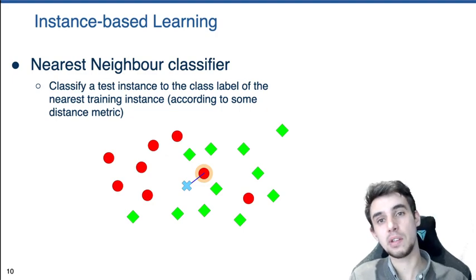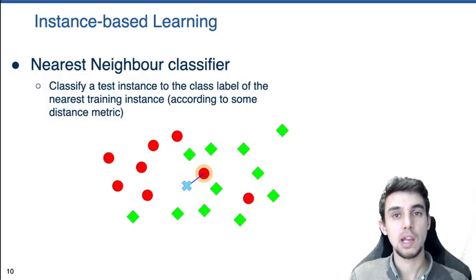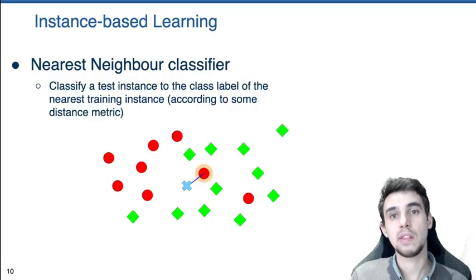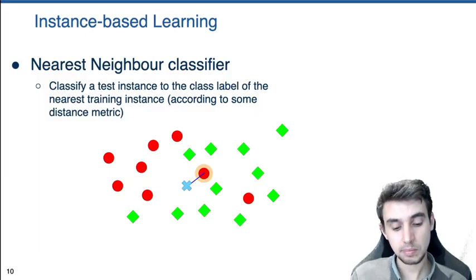After finding the nearest neighbor in the dataset, the outcome of the algorithm is to assign to the query sample, the blue cross, the class label of the nearest neighbor sample. In this case, it will assign the class of the red dot, because the nearest sample is a red dot.